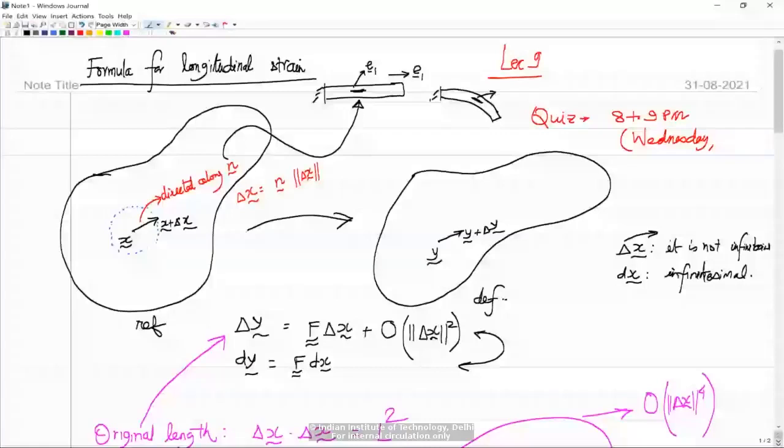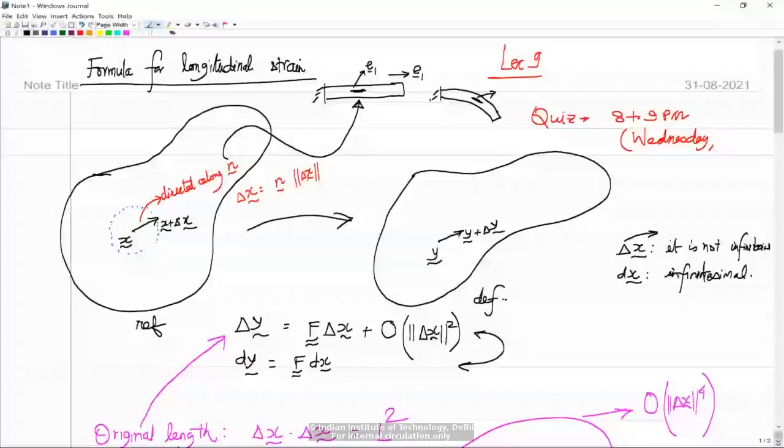And also, somebody was asking: the formula that we have derived, although you are saying it is exact, is it different from what we practically measure? What would be your answer?